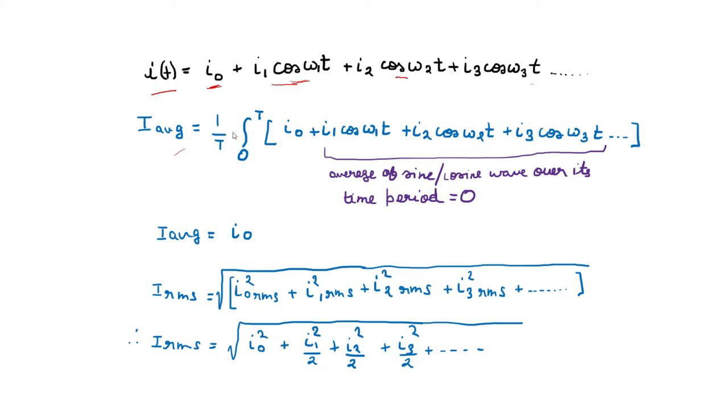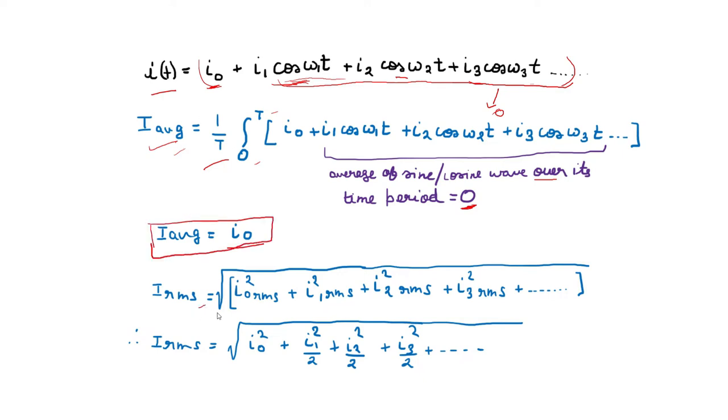For the average value, we integrate this whole instantaneous value of current over the interval 0 to T and divide it by the total time period, which is 1 upon T. And we all know that for sine and cosine waves, the average value over the time period is 0. Therefore, this whole term on integration becomes 0, and we get that the average value of current is this I naught.